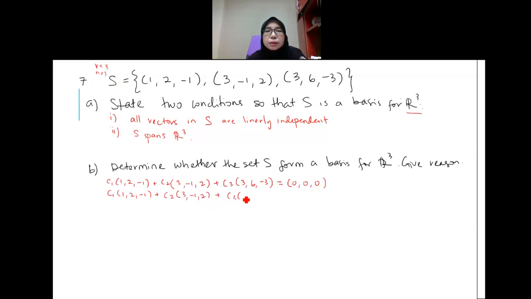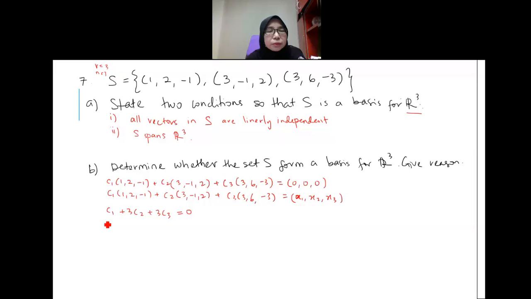C3, 3, 6, negative 3. You can write here x1, x2, x3, an arbitrary vector in R3. Now the next step is to write a linear system. So, in the linear system, the first component: C1 plus 3C2 plus 3C3 equals 0.